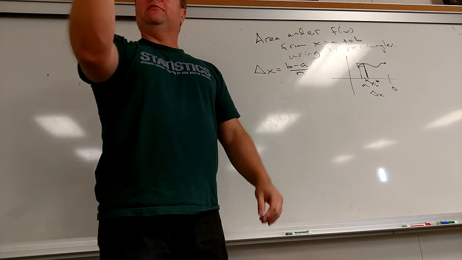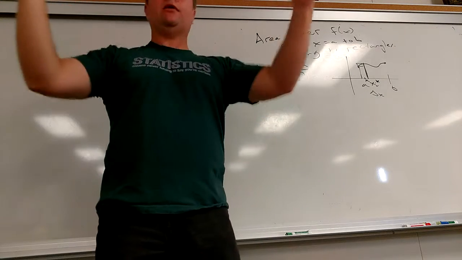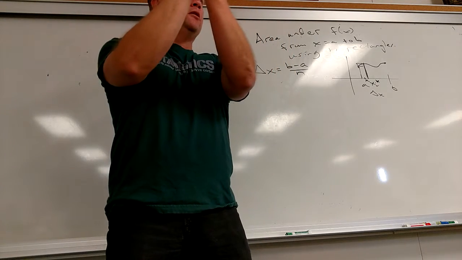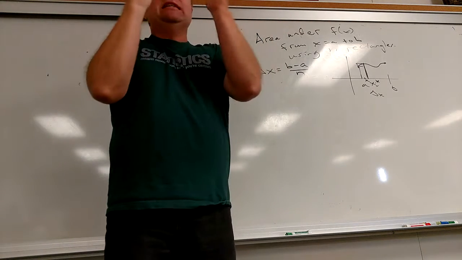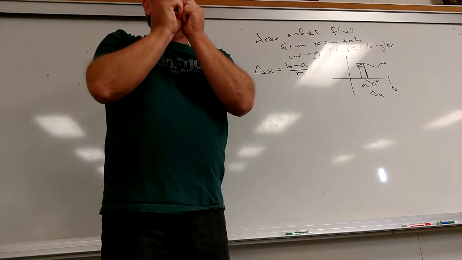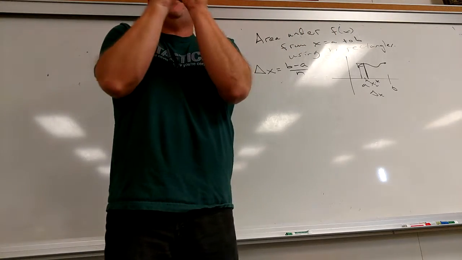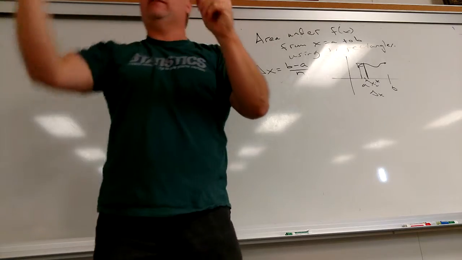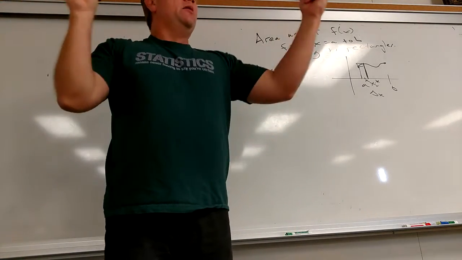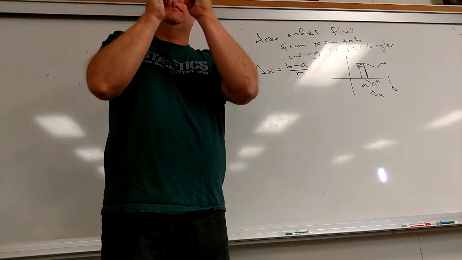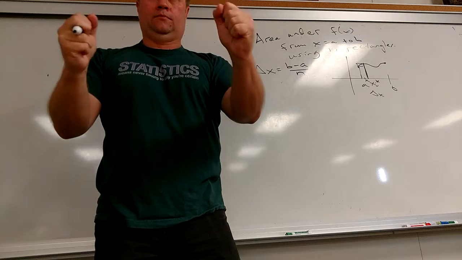It's some random number to designate the height, because why does it not matter? Because the width is going to go to zero. How many choices are you going to have to figure out the height? None. So on the way to getting to infinite rectangles, it doesn't matter what point you pick to figure out the height: the left endpoint, the right endpoint, the midpoint, any random point in there, because I'm going to have less and less until I get no options. All right.